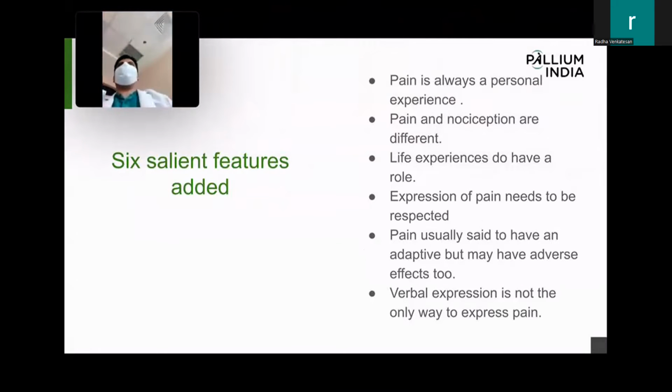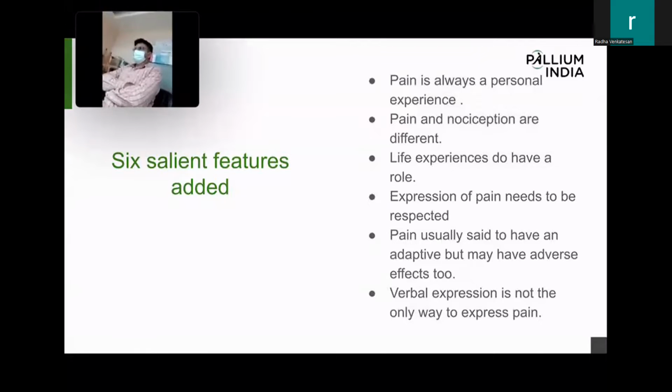Pain is always a personal experience. What do they mean by that? What they're trying to convey is that it could be influenced by varying degrees of biological, social, and psychological factors, which are important. Next, pain and nociception have to be clearly understood. In the next few slides, we will see in detail what it is.